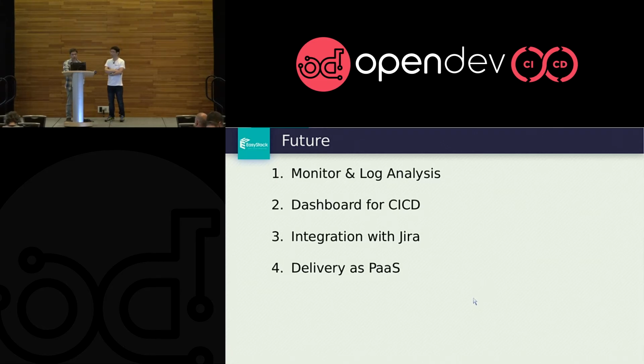Also, we want to build an all-in-one dashboard for CI/CD, which includes our test jobs and test results, and also manages our test cases. We use Jira to manage our stories and tasks and bugs. Finally, we want to update the stories and tasks and file bugs automatically when CI/CD is done.